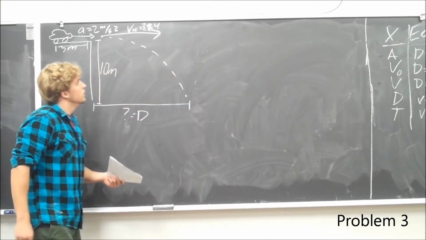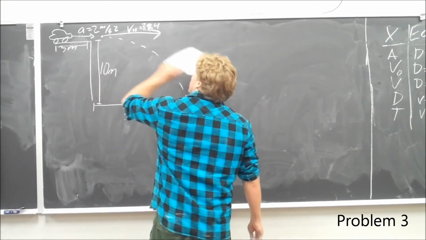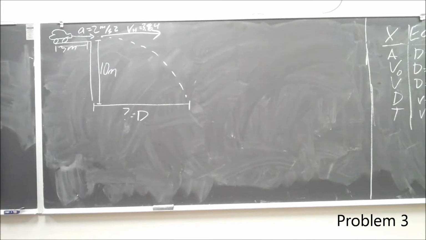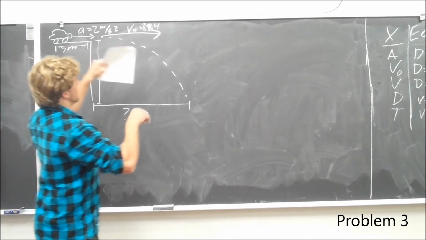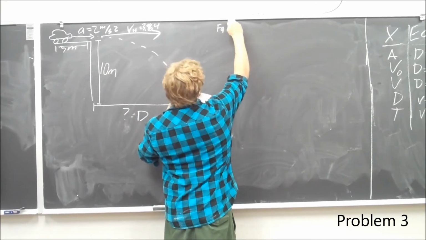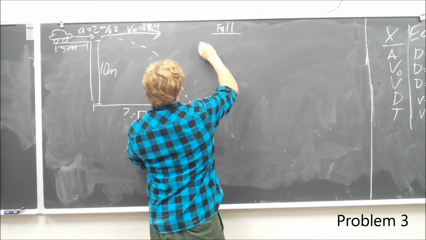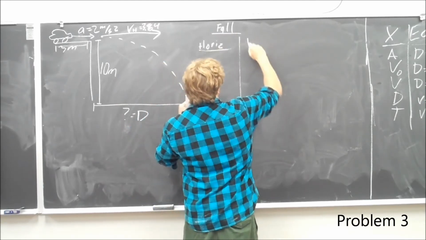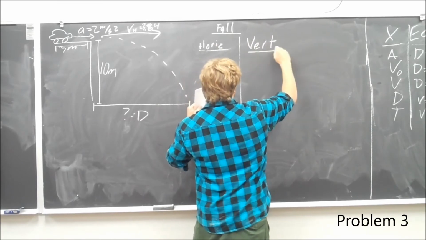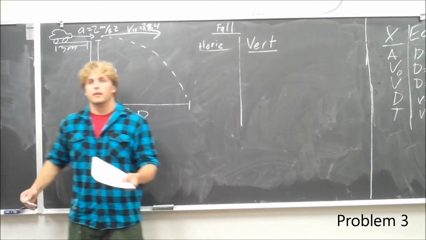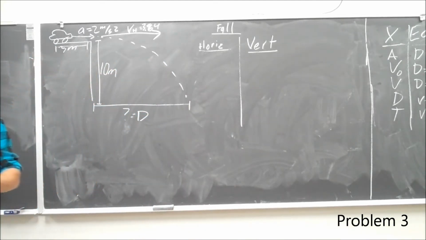Now where do we start? Okay, so now this is basically a projectile question dealing with only a horizontal velocity. That means we can split this up into the fall. Now we're dealing with the fall, and it's got the horizontal and then the vertical. Because we know horizontally, when something is going in the air, it doesn't have what?